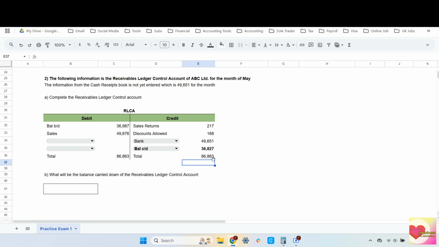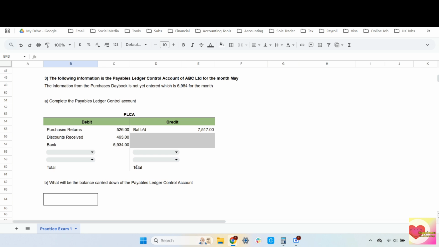Now that the totals of the debit and credit are equal, it means this balance carried down is correct. So let's enter this amount. Now let's move on to the next question.